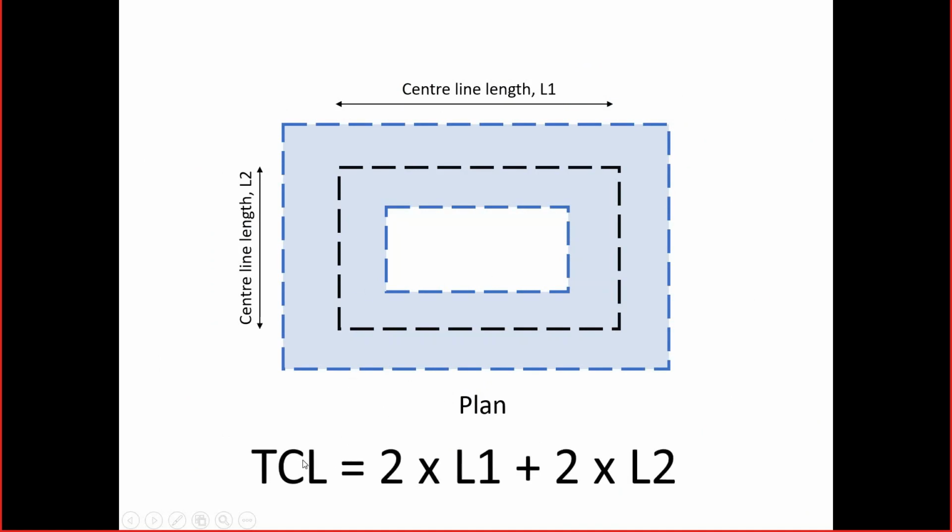So here I have total centerline length 2 into L1 plus 2 into L2. I hope you are following. So the centerline of this length, L1, into 2, because I have two such lines, and the centerline of this wall is L2. L2, I have two numbers. So total centerline length is equal to 2 into L1 plus 2 into L2.